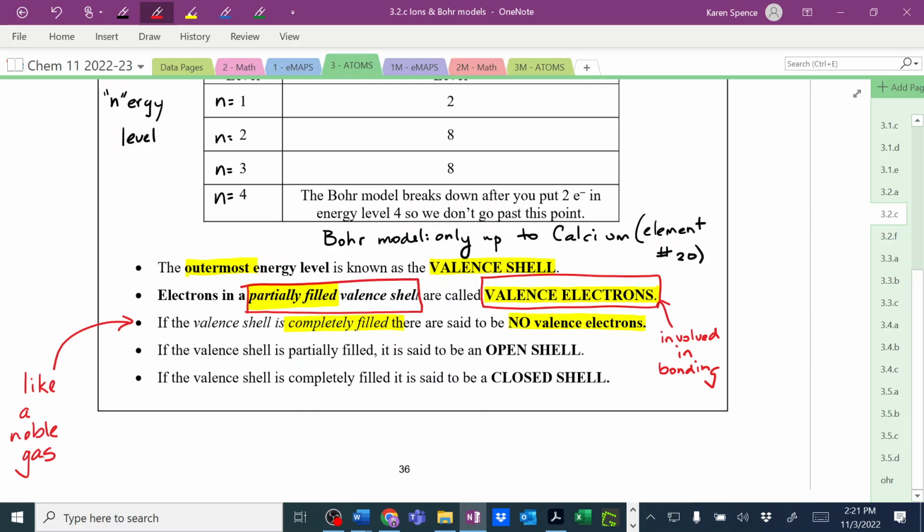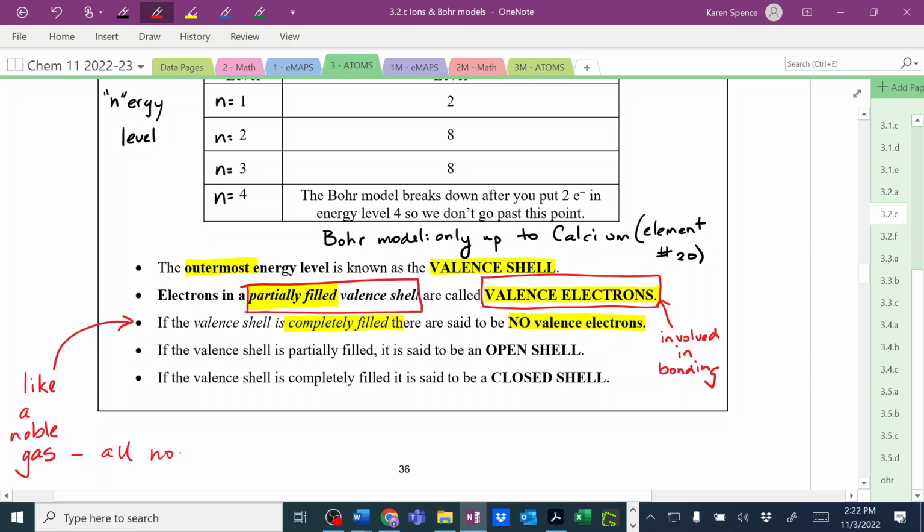Helium, a noble gas, has 2 electrons in its outer shell. How many valence electrons does it have? 0. Neon has 8 electrons in its outermost shell. How many valence electrons does it have? 0. All the noble gases have 0 valence electrons.